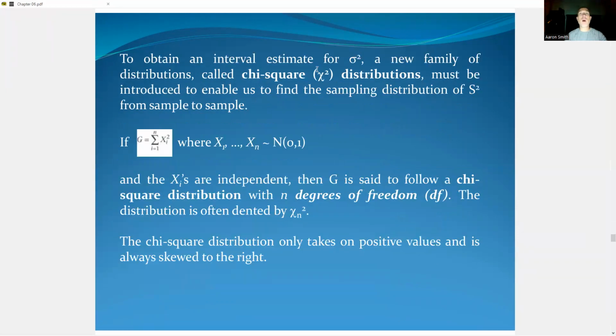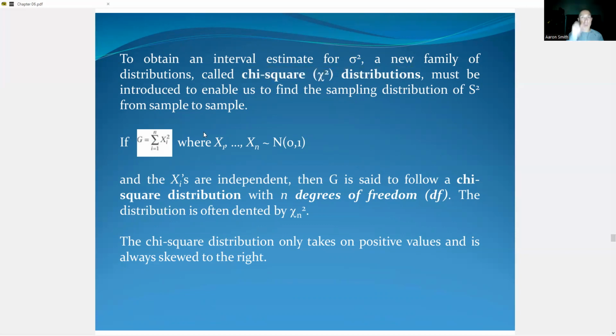Now, to obtain an interval estimate of sigma squared, a new family of distributions has to be pulled in, which we're going to call chi-squared distributions. We're going to use the chi-squared distribution whenever we're interested in making estimates on variance.